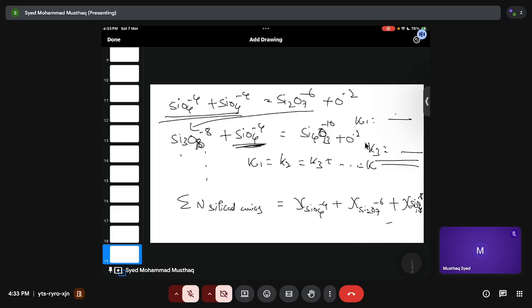This reaction will go on continuing. So finally I will remain with SiO4 minus 4 divided by 1 minus K, mole fraction of SiO4 minus 4 divided by mole fraction of O minus 2. It is very useful, you know, and this equals 1 minus mole fraction of O minus 2. So you can equate it and finally get a relation.